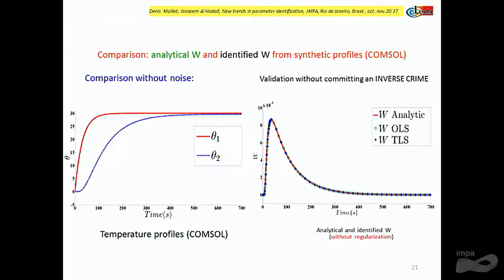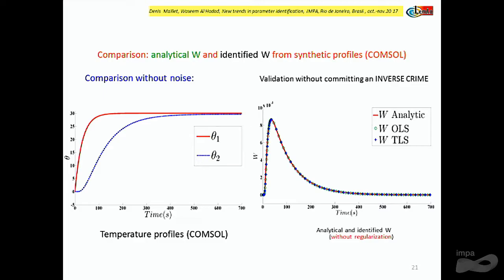And we wanted to calculate, without noise, the response. Here, in order not to commit an inverse crime, we plot the analytical W, and we calculate the front face and the rear face temperature using COMSOL.